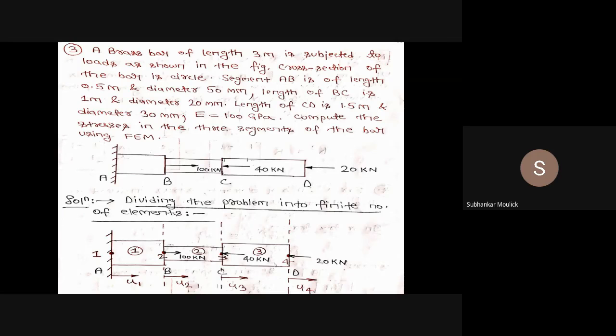So the size of the elemental stiffness matrix will be 2 cross 2, and the first row will represent node 3, the second row will represent node 4. Similarly, the first column will represent node 3 and the second column will represent node 4.